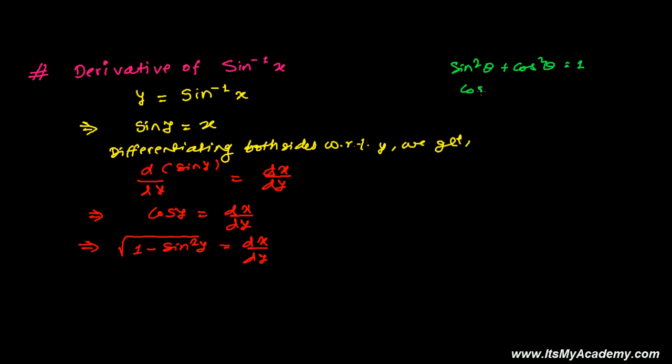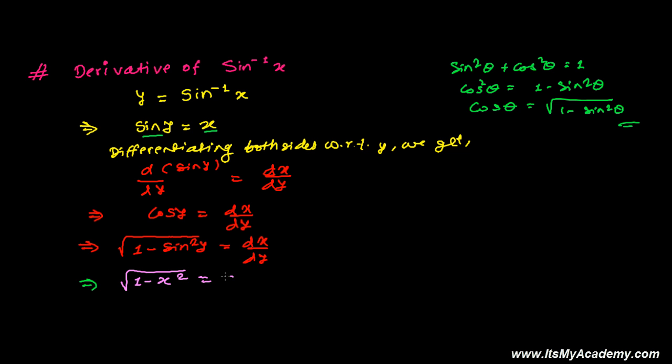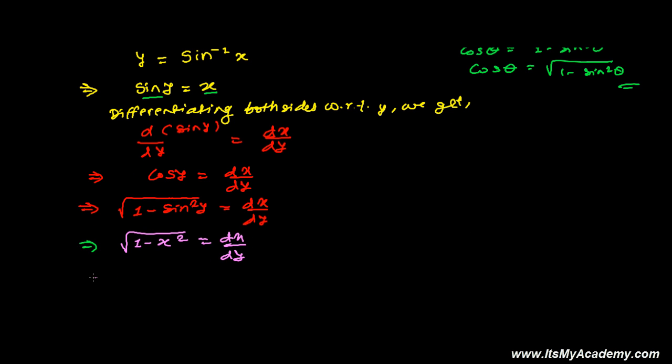So cos squared theta is 1 minus sine squared theta, and cos theta is root over 1 minus sine squared theta. What is sine y? Sine y equals x. So we can write root over 1 minus x squared equals dx over dy. So finally, dy over dx is equal to 1 over root of 1 minus x squared.